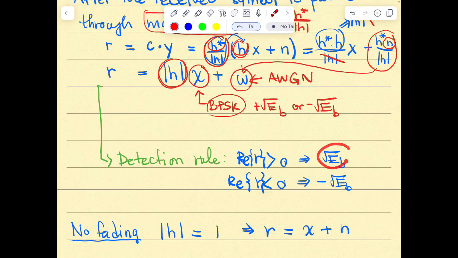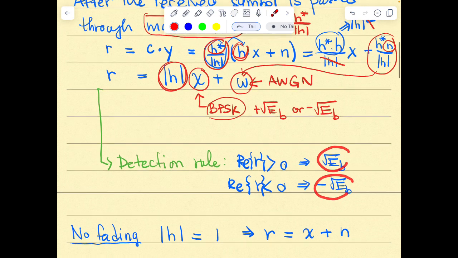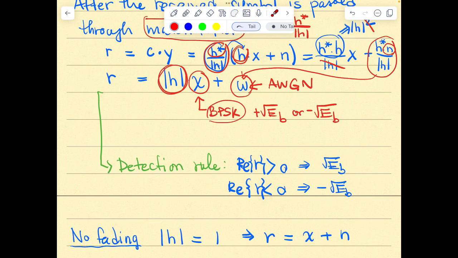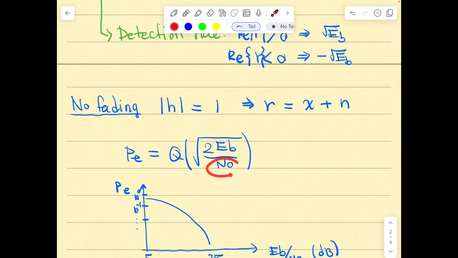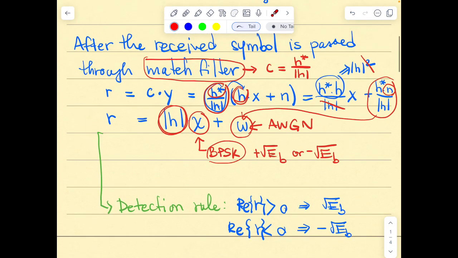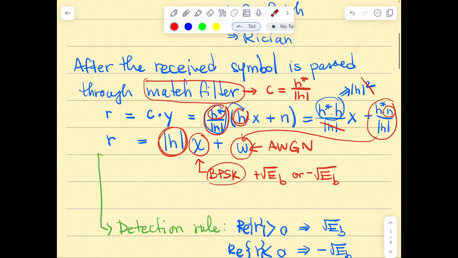So if Eb is large, that means these two values will be farther away from each other, and it's going to take a big noise to make an error, right? And in N naught over 2, what is N naught? It's gonna be the variance of the noise, or the noise power. Okay.